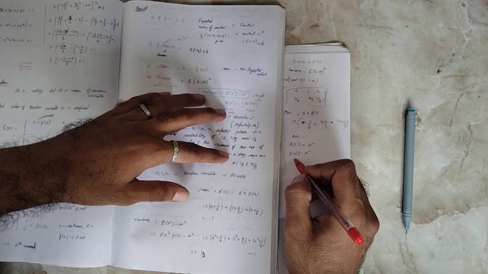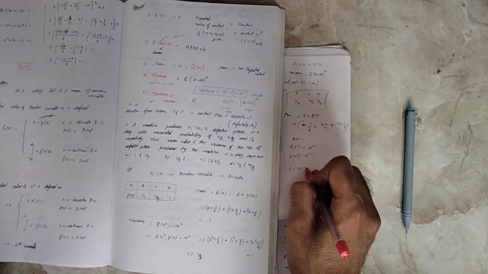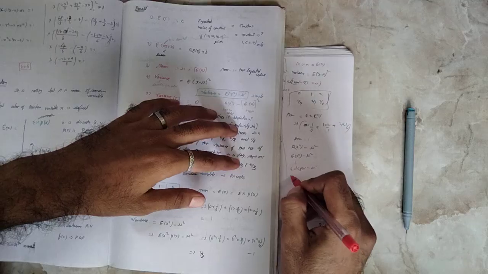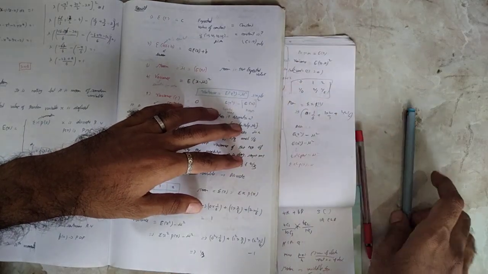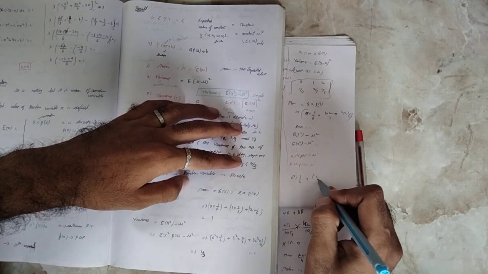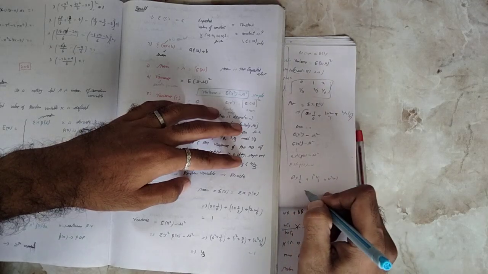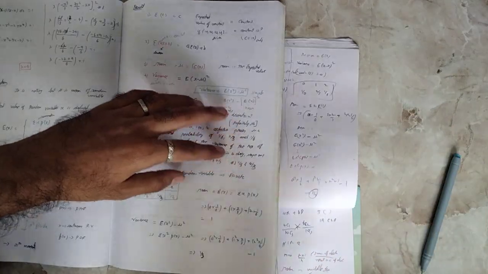What is E of x square? It is the summation of x square times probability of x, minus mu square. So 0 square into 1 by 6 plus 1 square into 2 by 3 plus 2 square into 1 by 6. It is actually 4 by 3, so minus 1. Yes, this is most important. Mu square is also most important. That will be the next question.